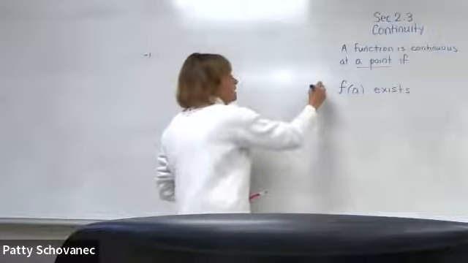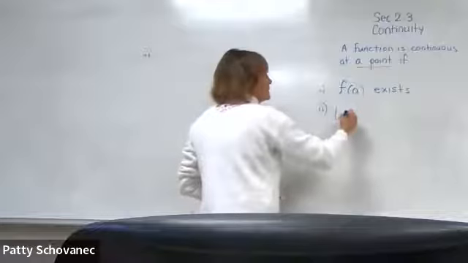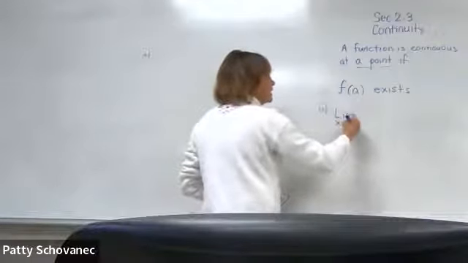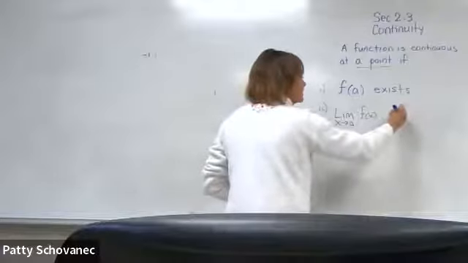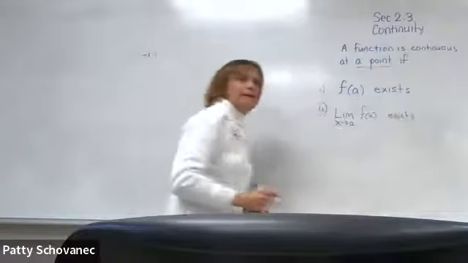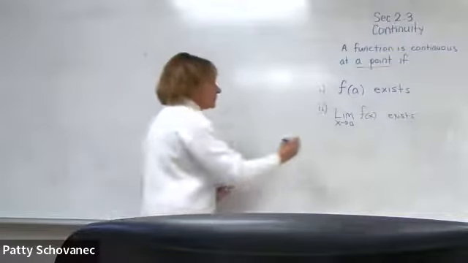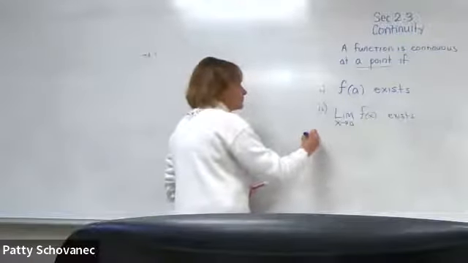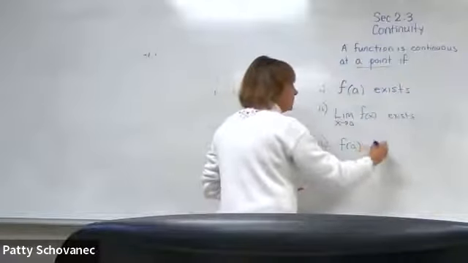The next thing you need is the limit as x goes to a of that function to exist. And the third thing you need is that both of these numbers are the same, that f of a is the value of the limit.